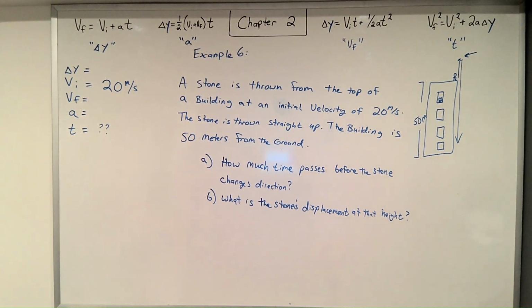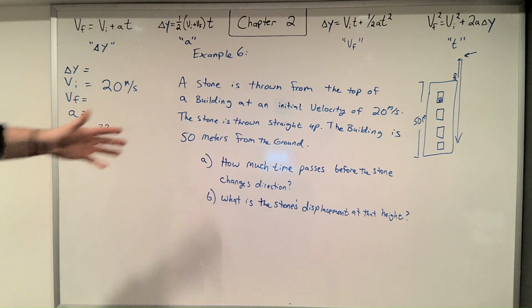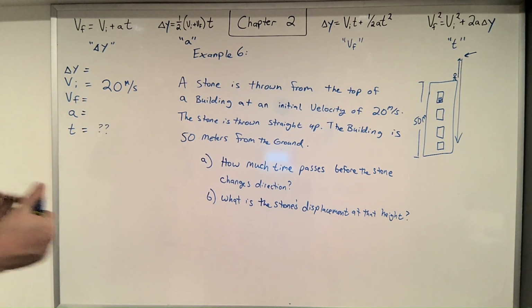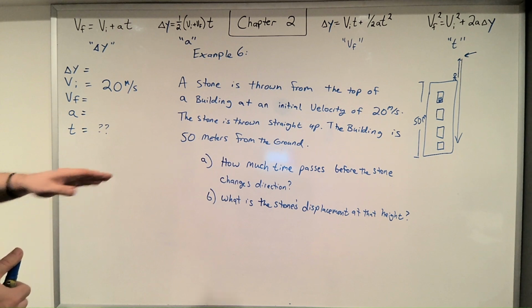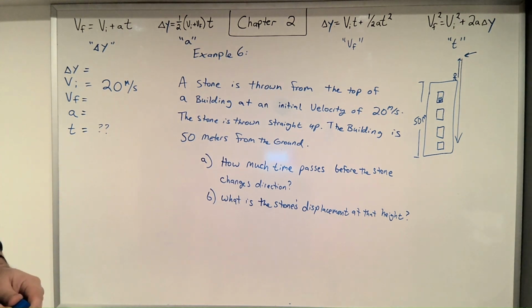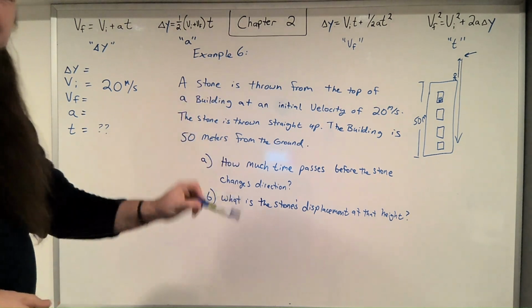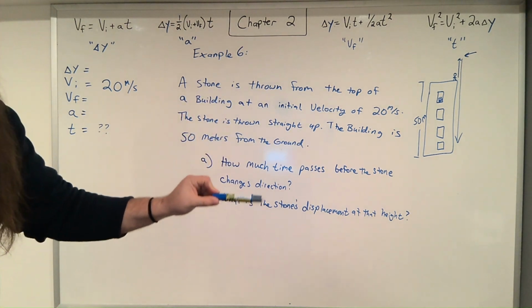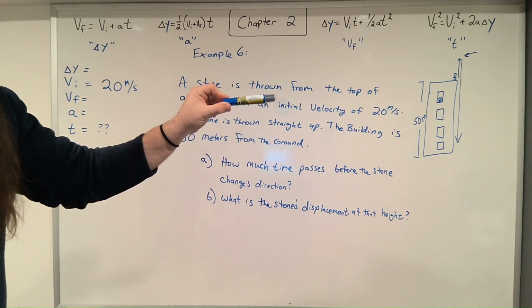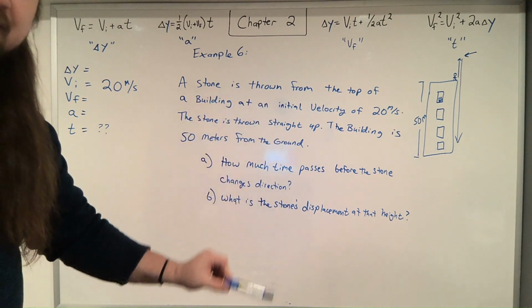A couple things we need to think about on this one that are not explicitly given in the problem, but you need to put together. You need to think through this problem yourself and put these things in order. Something specific happens when it changes direction. Imagine this is the stone. The stone gets thrown up in the air, it slows down, it comes to a stop, and then starts coming back down again.